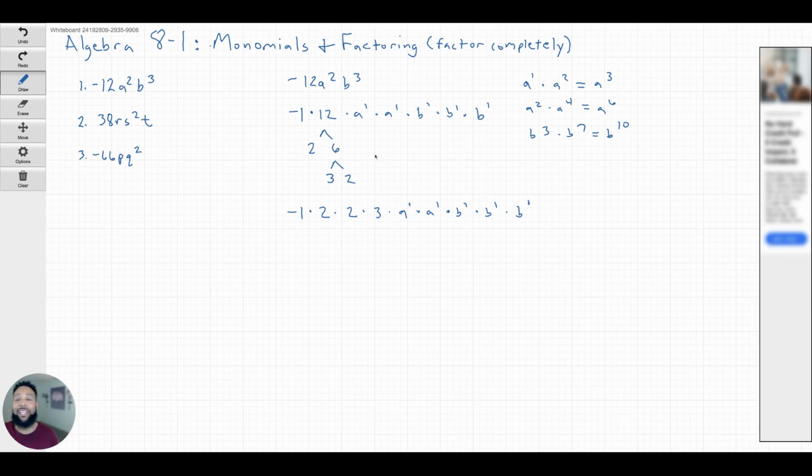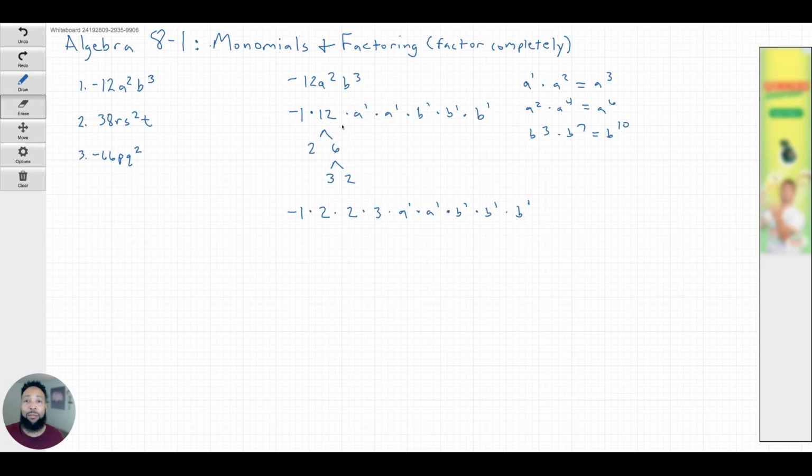That is your answer for negative 12 a squared b to the third. This is how you factor it out completely. I used a factor tree to break down the 12, I pulled out the negative 1, and I broke down the exponents. So we'll go to our next problem.